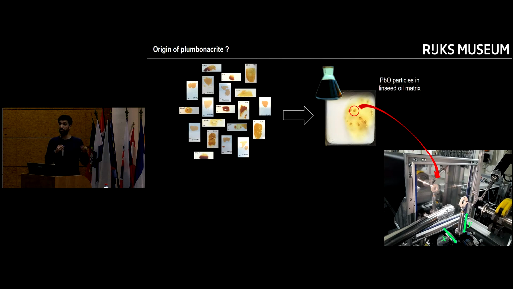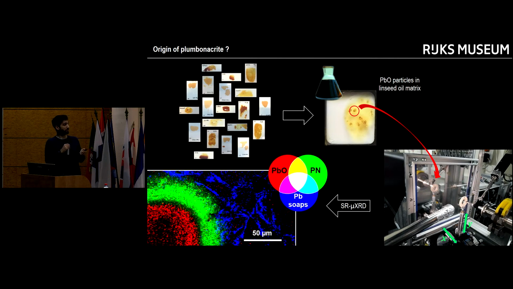And indeed, going back to synchrotron mapping, we were able to see at the microscale an undissolved litharge particle in an oil matrix. You can see this nice ring of plomonacrite starting to crystallize around the litharge. So this is just a first step, but we think that the origin of plomonacrite can indeed be linked to the presence of lead oxide within the oil.